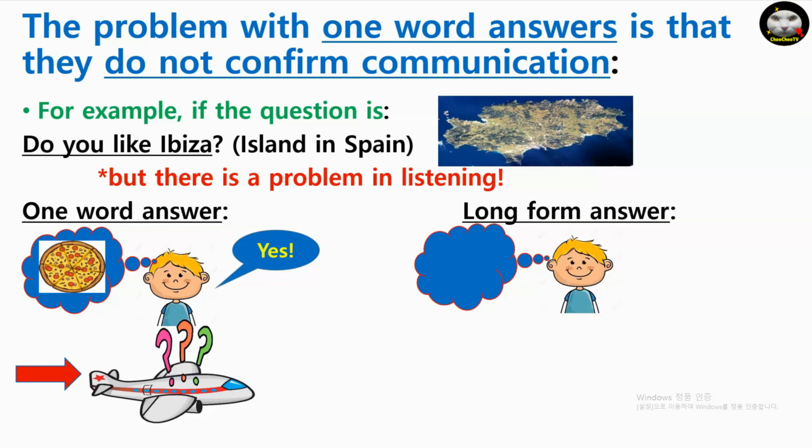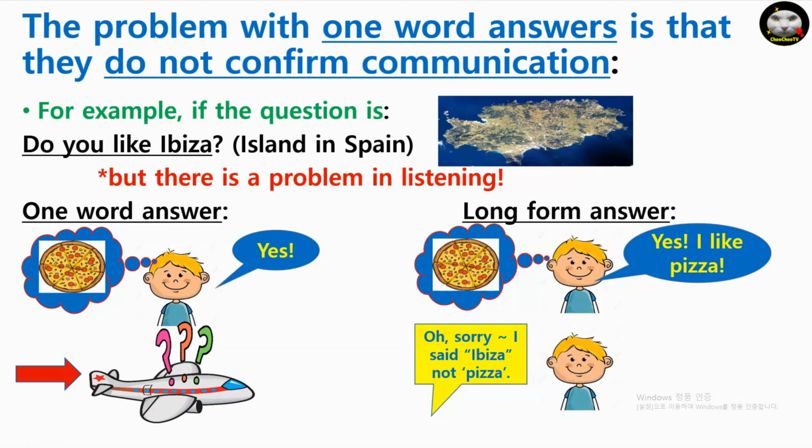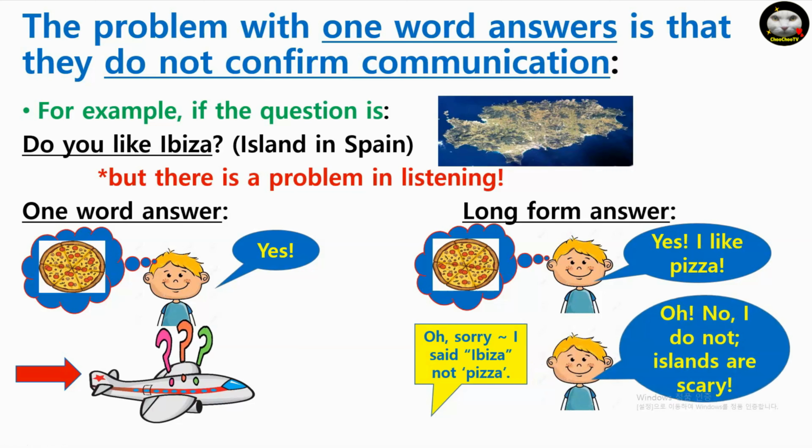But what's happening is they don't know why they're going to Ibiza. A long-form answer will correct any miscommunication. So even though the student hears the word pizza and answers, "Yes, I like pizza," now the miscommunication can be corrected. Sorry, I said Ibiza, not pizza. And the student can then correct their answer as well. "Oh, no, I do not. Islands are scary."